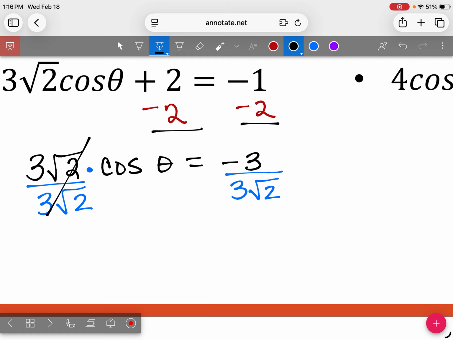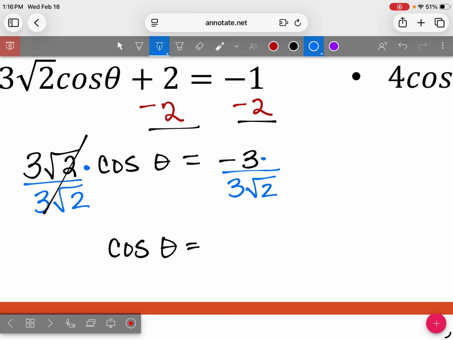So that's going to give me cosine of theta equals. Now remember, with this 3, there's an invisible 1. Every single number is being multiplied by 1. We just don't put it up there. So when I cancel out the 3, what I'm left with is -1 over the square root of 2.